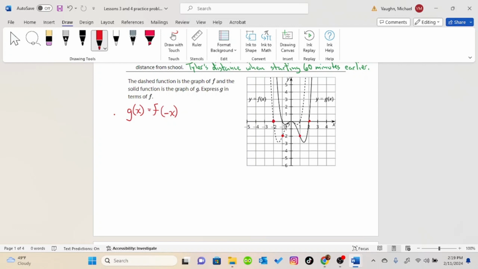So anytime we put the negative in front of the x inside the parentheses, this will reflect across the y-axis.